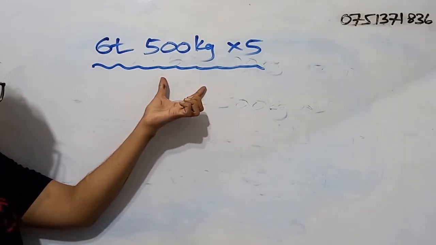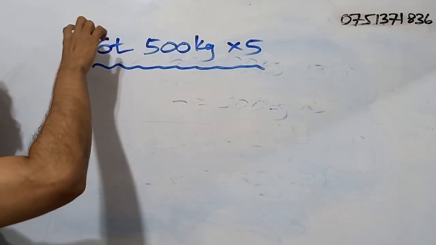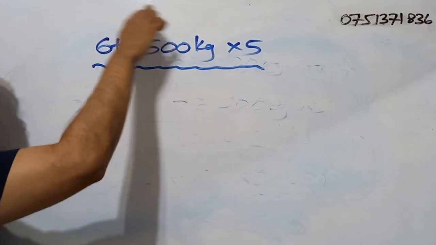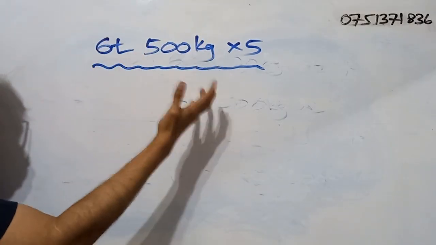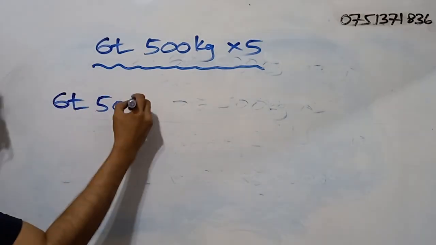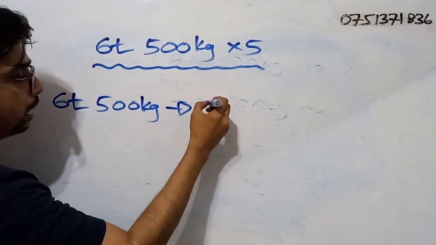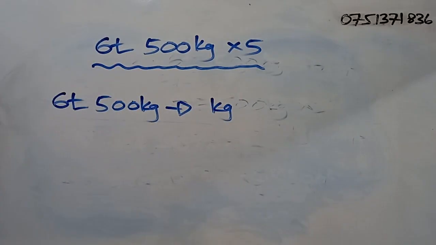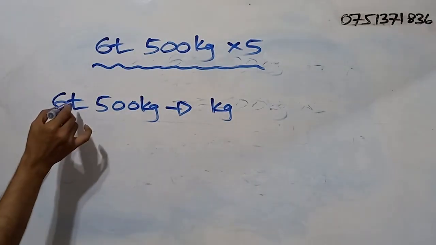How do we do this multiplication? So there are several ways. So one way is convert this entire amount, that means the mass of one beam, into what? Kilograms. So 6 tons and 500 kilograms, we need to convert this entire amount into what? Kilograms. So now we know how to do that. So here what do we need to convert?